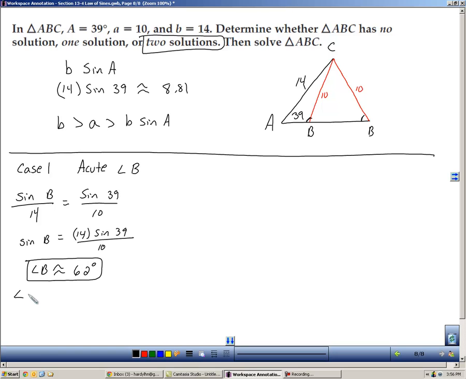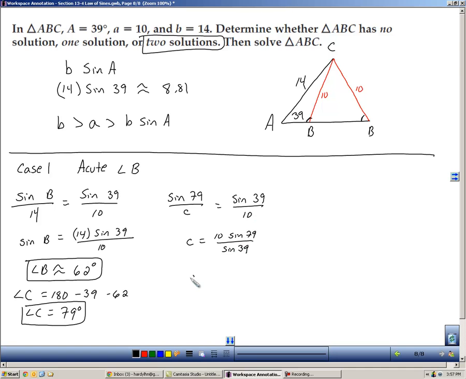It's then fairly easy to find angle C because you're going to take 180 minus the 39 and the 62. So you find out that angle C is 79 degrees. And then the last thing I have to find is the side C. Now when I say side C, I'm talking about this big side, because again I'm talking about the big triangle with the acute angle B. So we just figured out that angle C was 79, so I'm going to say the sine of 79 over C equals the sine of 39 over 10.